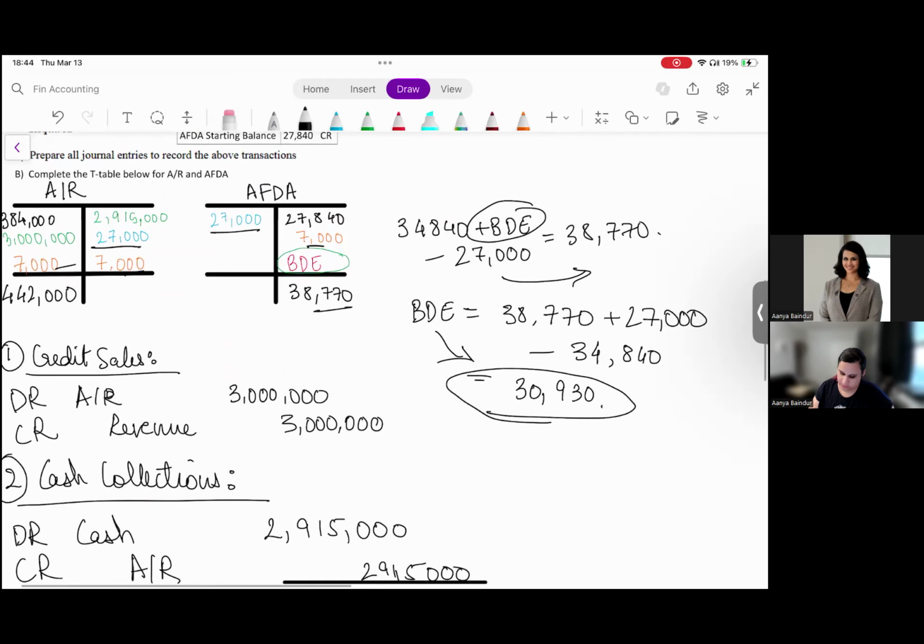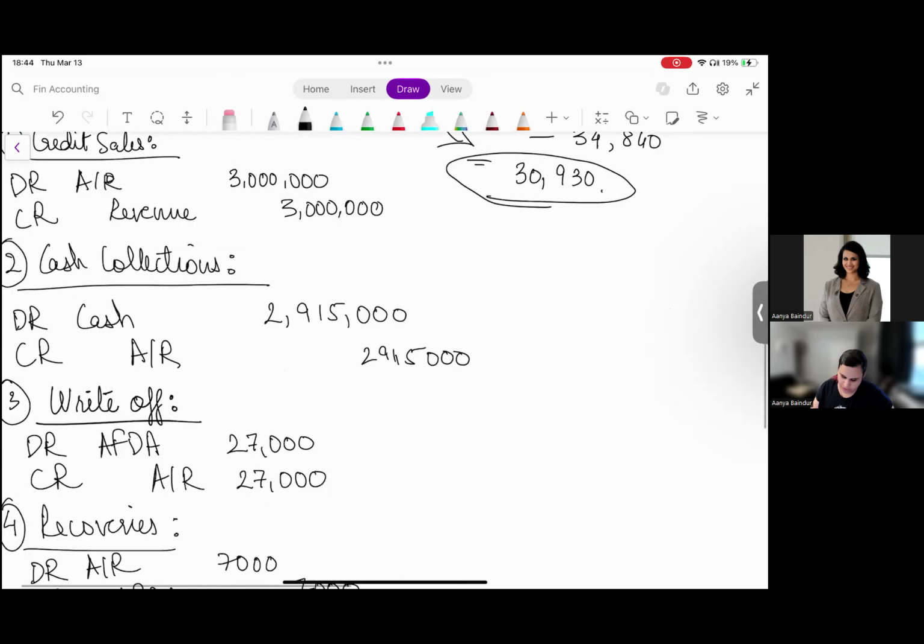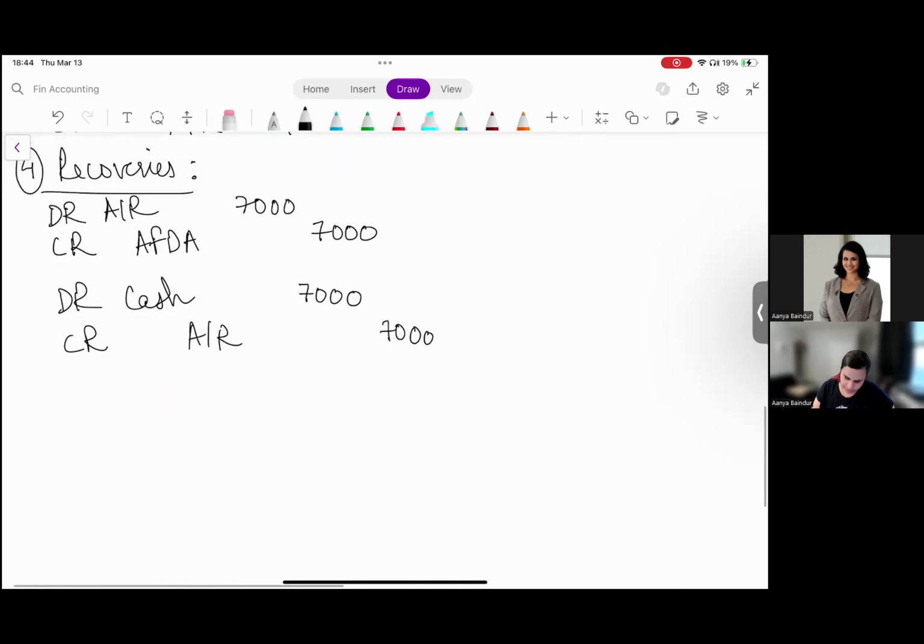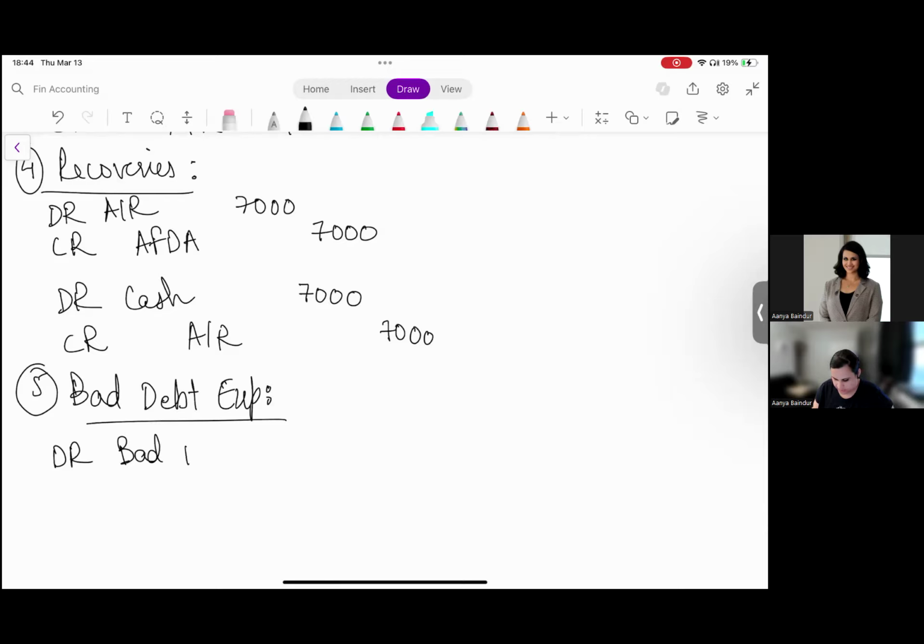Now, the only one that we are missing is the one for bad debt expense. So, bad debt expense. In this case, we'll debit bad debt expense.